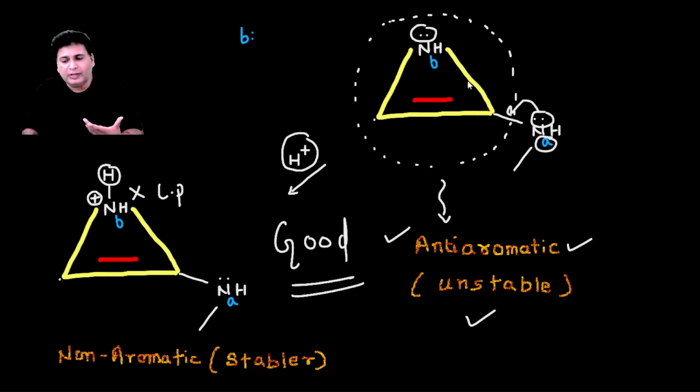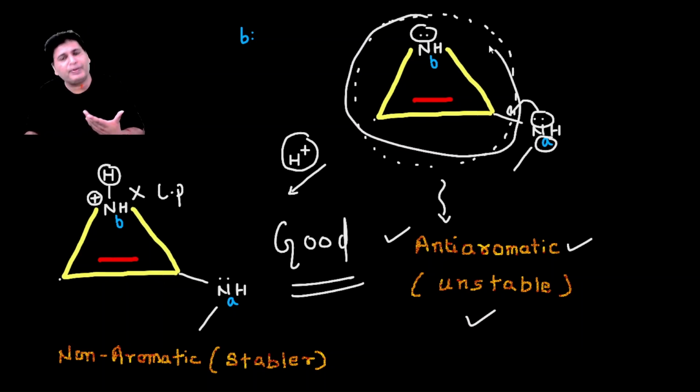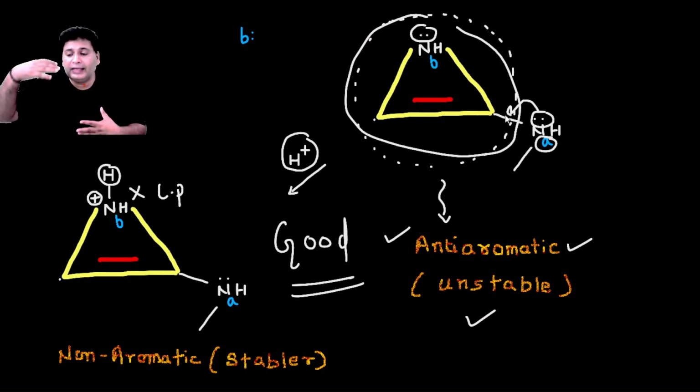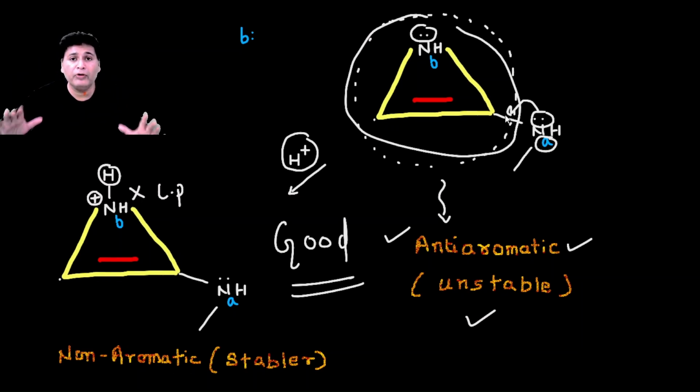This particular ring was already present, and the lone pair was getting delocalized. So in the case of A, the delocalization can be afforded because the anti-aromatic character is not coming.